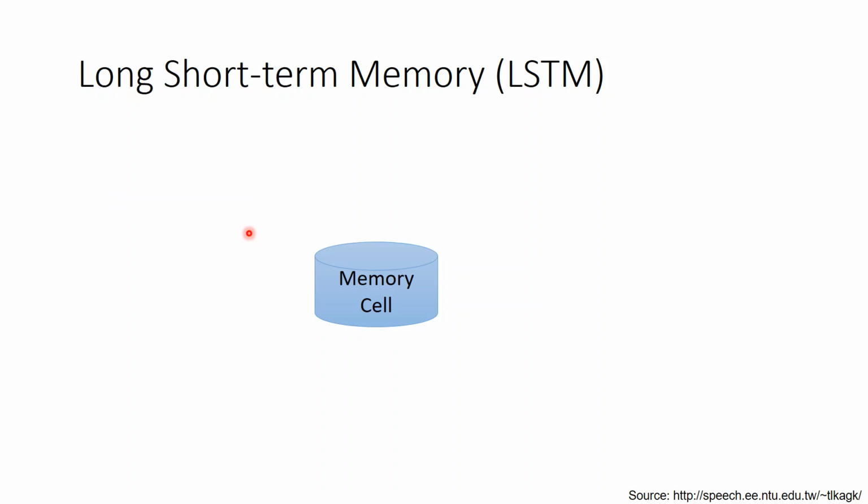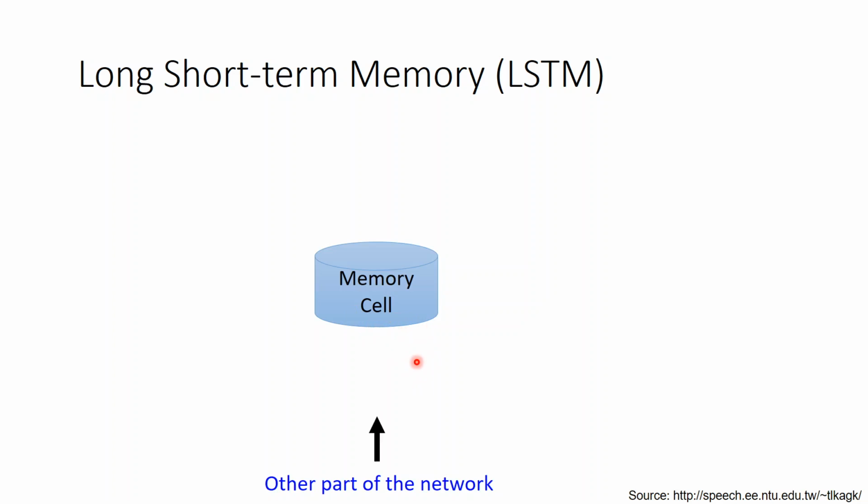And here is the LSTM's figure. Because LSTM belongs to RNN, it has a memory cell to store the information, especially the nearest information.